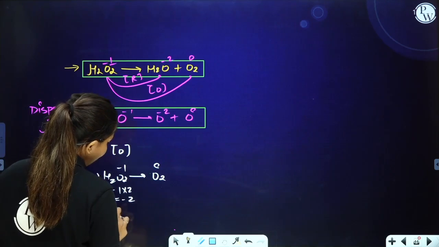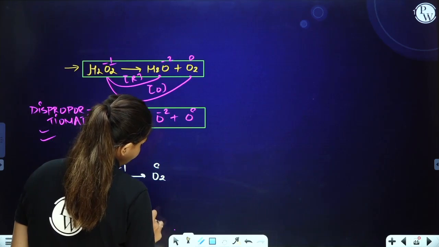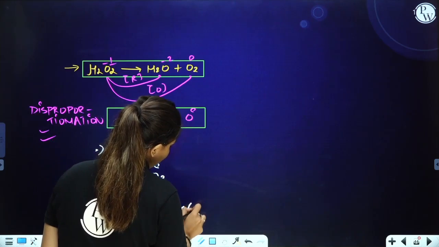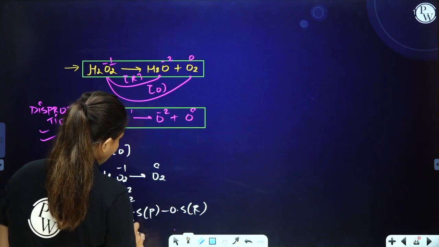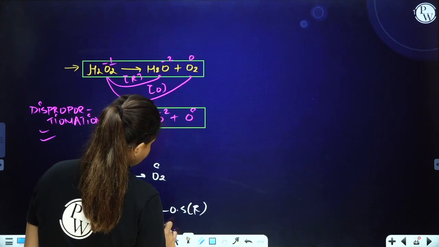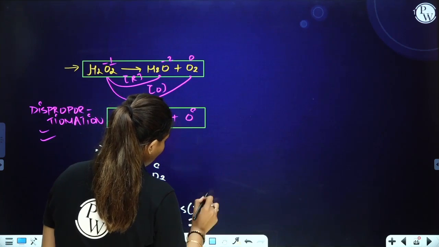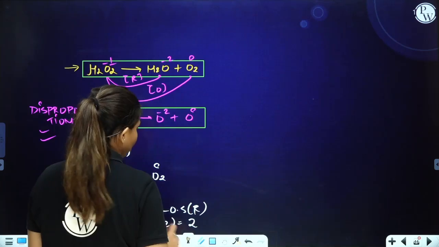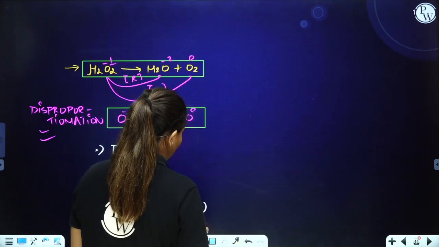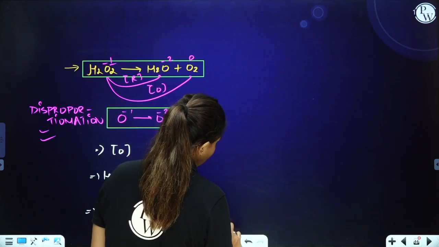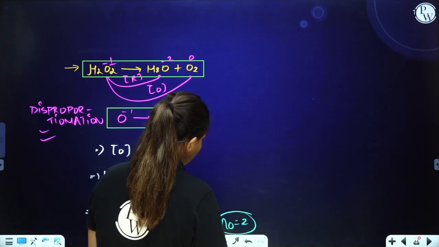How do you calculate the N factor? Oxidation state of the product minus oxidation state of the reactant. Oxidation state of the product is 0, and for the reactant it is -2, so it comes out to be 2. So the N factor for the oxidation process is 2.